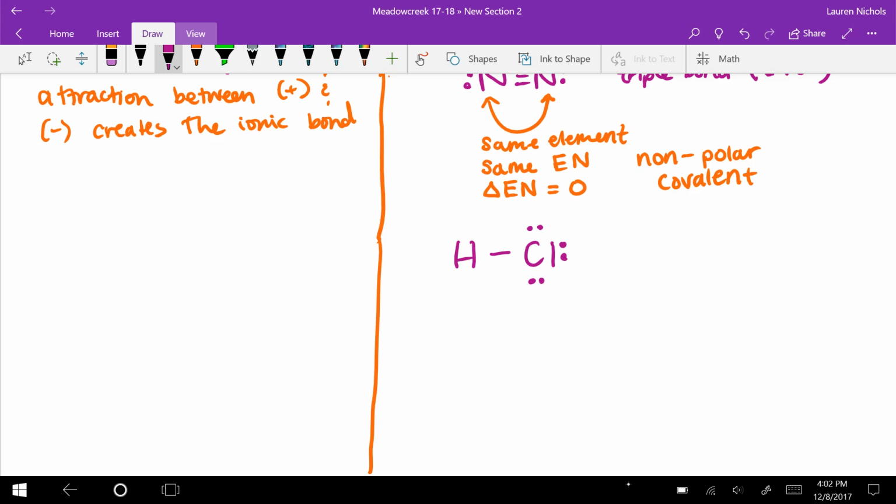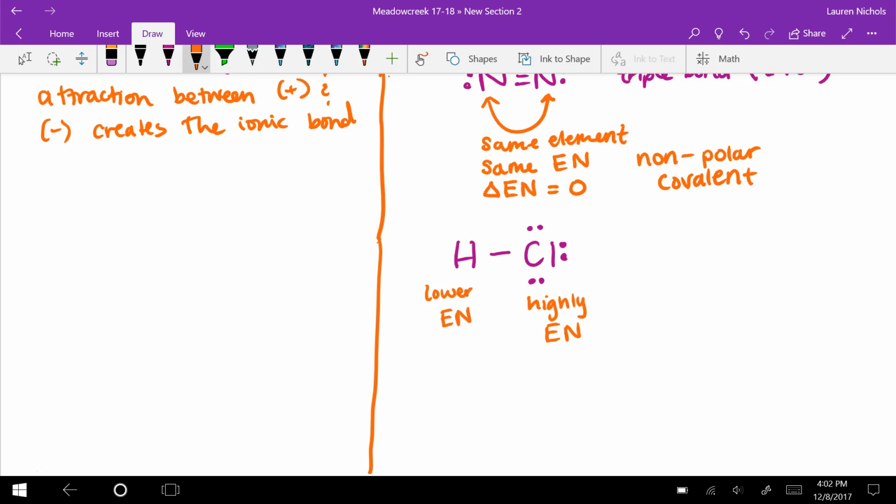So if we look at this, and again, we're looking at our periodic table that we drew before. We know hydrogen is on the left, chlorine is on the right, and so what that means is chlorine is very highly electronegative, whereas hydrogen is a lower electronegativity value.